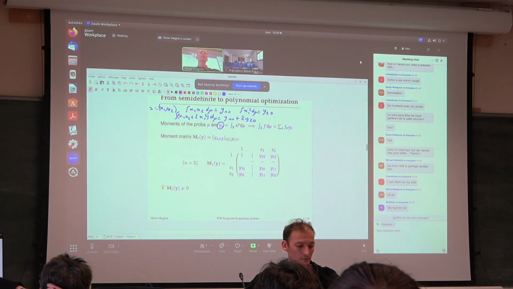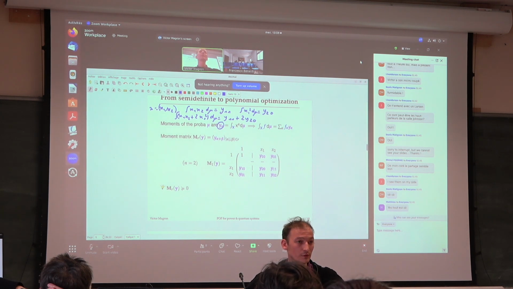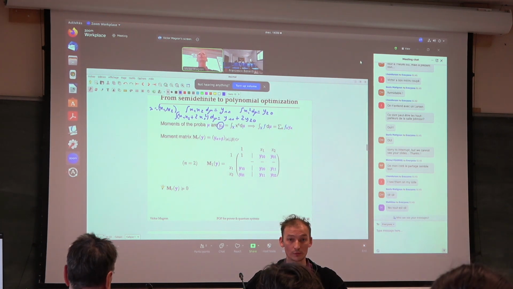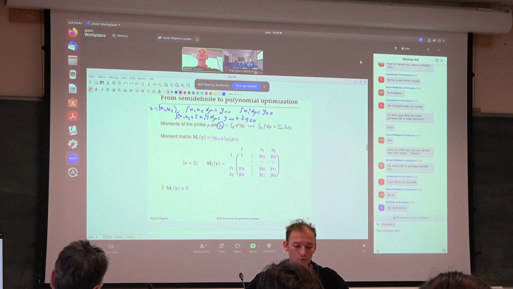And this y alpha, you can put them in a matrix. So you can fill a matrix with them. And we will see after why it's interesting. And this matrix is called the moment matrix because it's full of moments. Okay? And so the way you fill the matrix with moments is that you index the matrix by all the monomials. So here, for simplicity, I only took one, x1, x2, but then you could also add x1 squared, x1 x2, x2 squared, and so on.